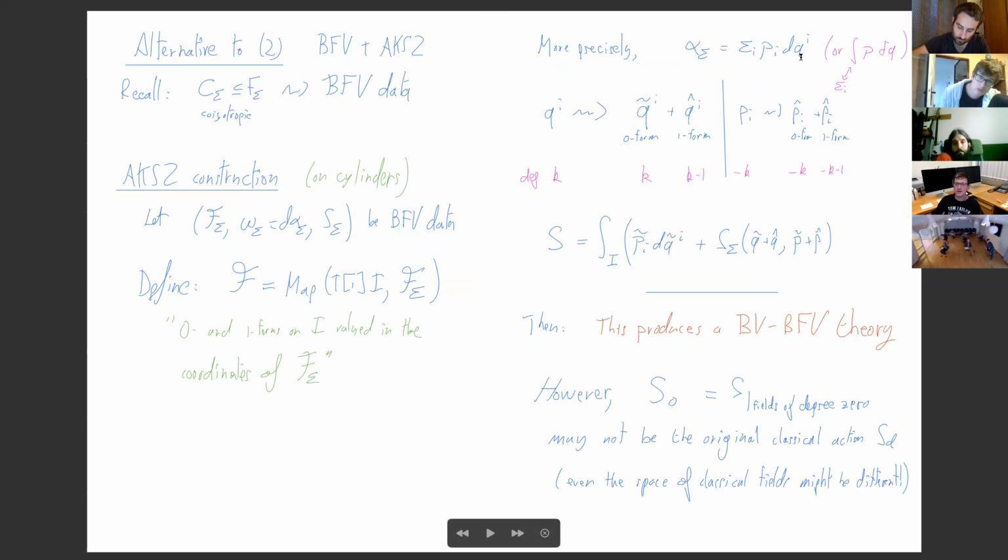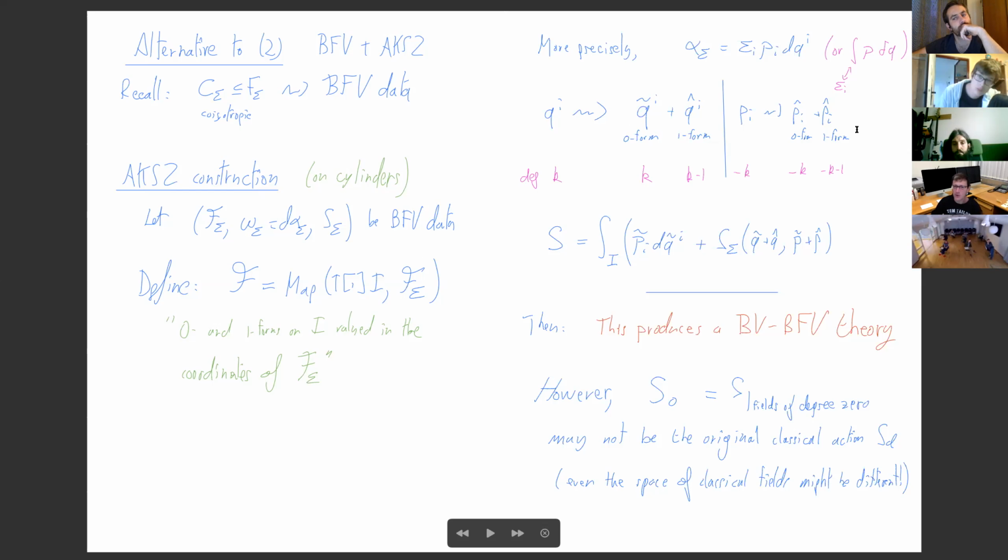Now, in this AKSZ formula, you replace the coordinate q^i by a sum of two fields, q twiddle i and q hat i. Q twiddle i is a map from the interval to the target, so it's a function on the interval, and q hat i is a 1-form. And similarly for the p variables.